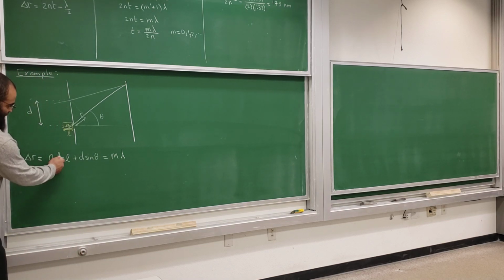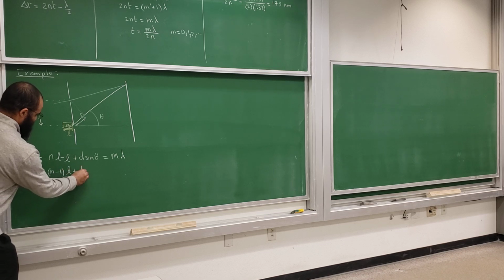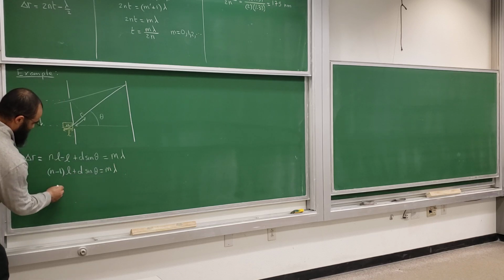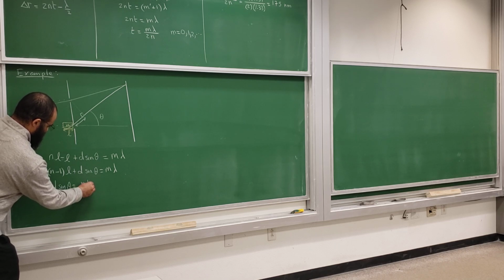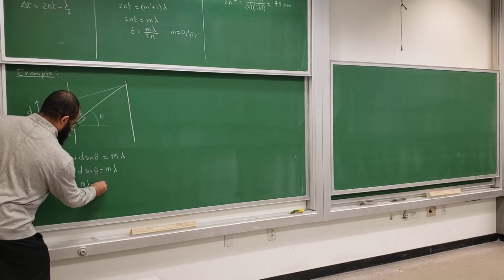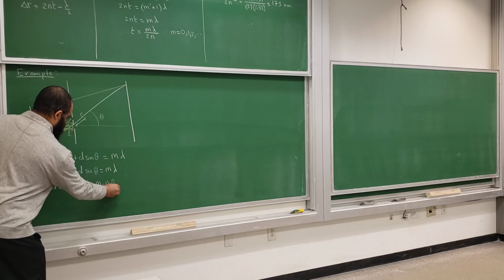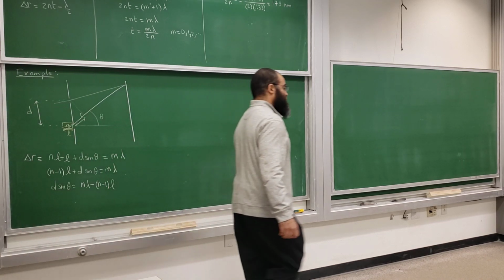So we got N minus 1 times L plus D times the sine of theta is equal to M times lambda. And so D times the sine of theta is equal to M times lambda minus N minus 1 times L. And that's it.